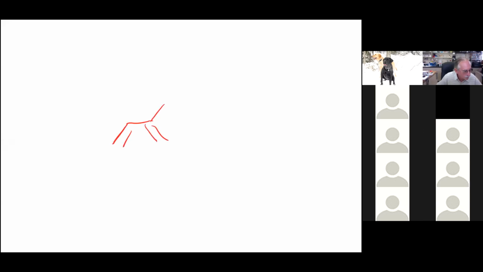So you have free rotation about this single bond right here. When I draw it this way, it looks like maybe a little pony or something, right? Or a dog or something like that.